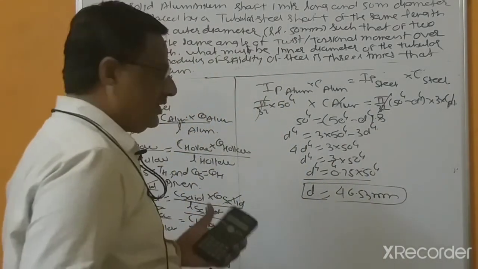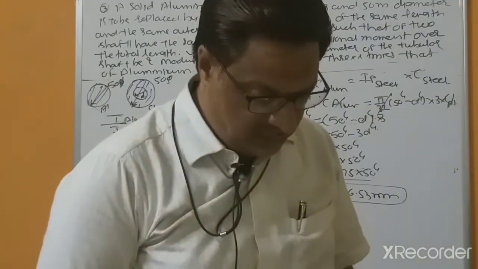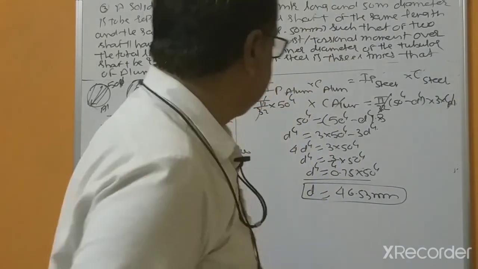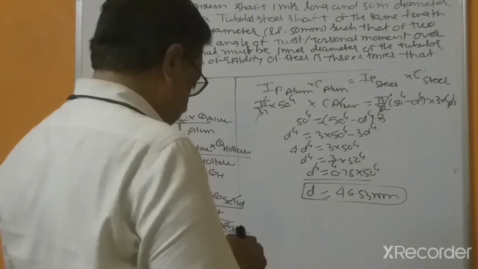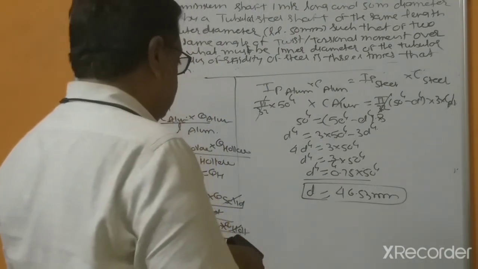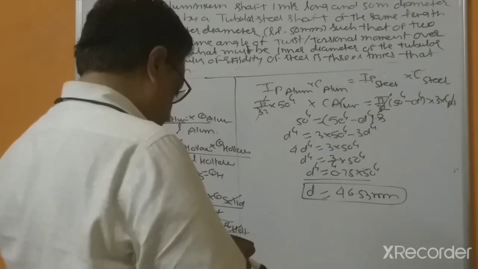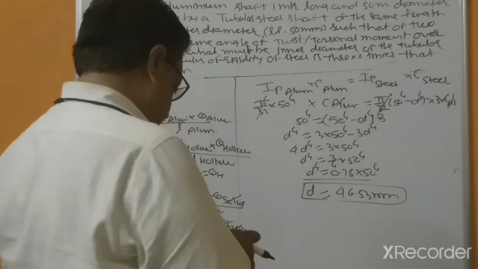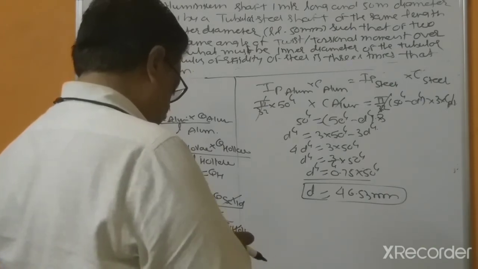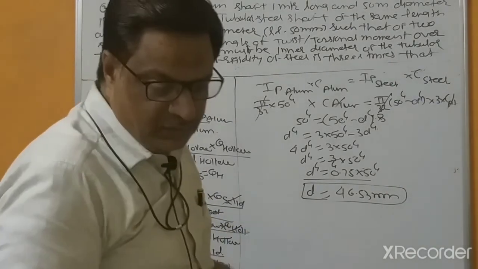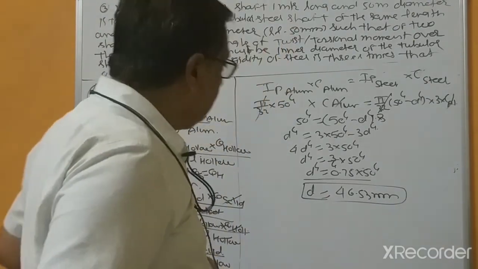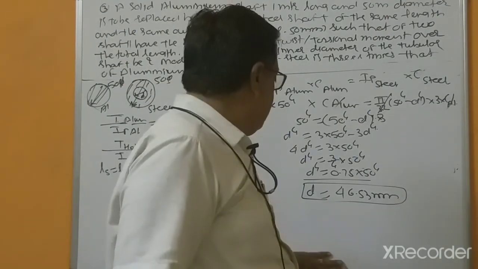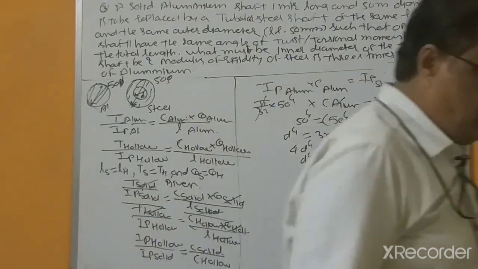So what may be the answers? 46.53 is the expected internal diameter, which means the wall thickness is very small for the steel shaft.